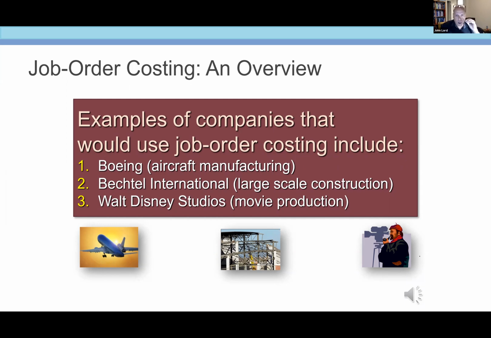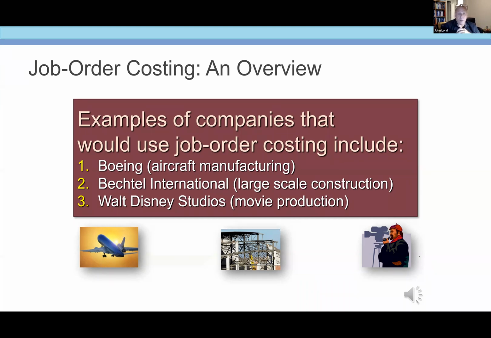In job order costing, we say that every job is unique. So if I'm an airplane manufacturer, like Boeing, yes, they produce passenger airplanes, but there are different types of passenger airplanes. They could produce one of those big old 747s, or maybe smaller jet airplanes that are more like commuter planes.